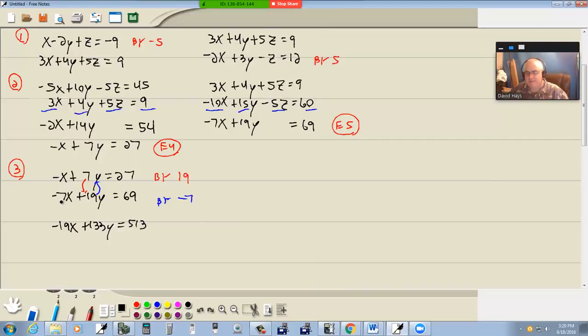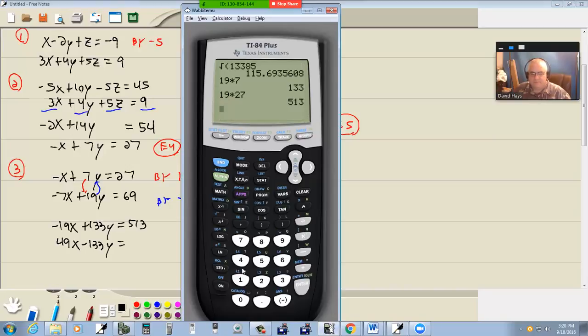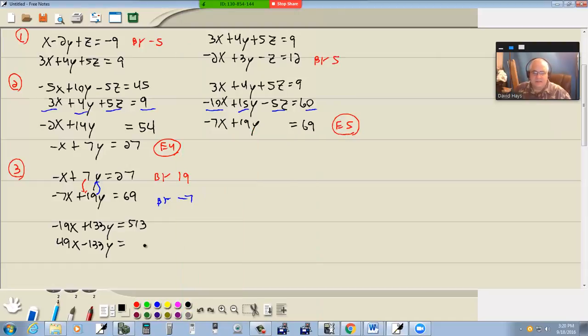Multiply this by -7. -7 times -7 is positive 49x. -7 times 19 is negative 133y. And this gives us negative 483.